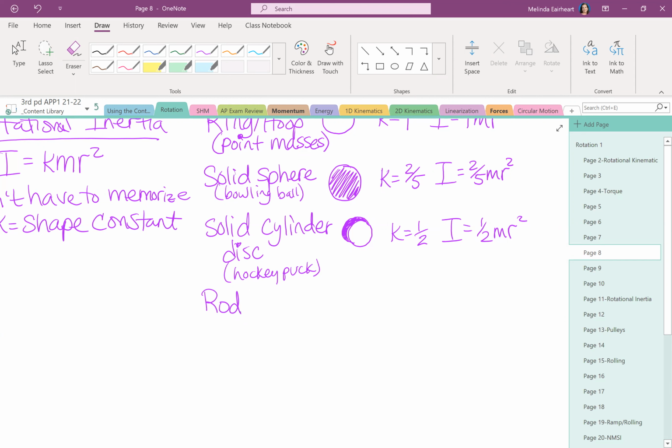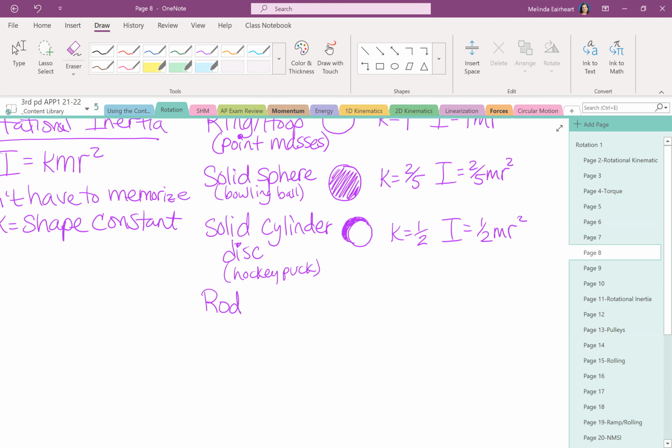The radius of the circle it's making is 100 centimeters. But if I hold it here in the middle and rotate, it's got a diameter of 100, but now a radius of 50. So your radius changes based on where you hold it, and also the shape constant changes.